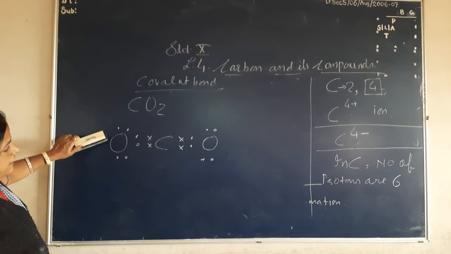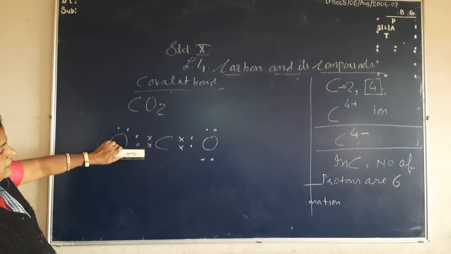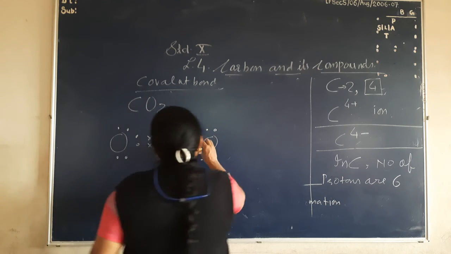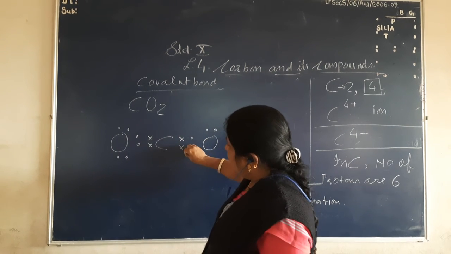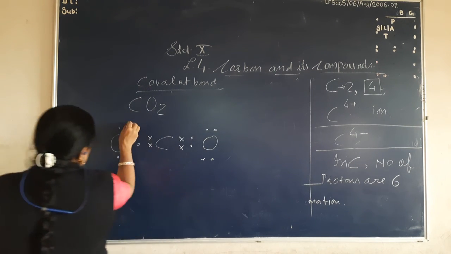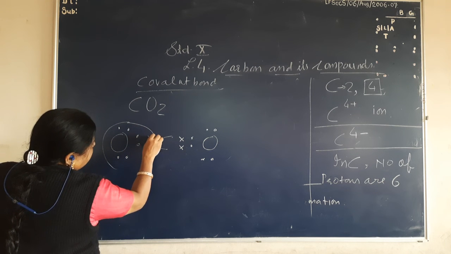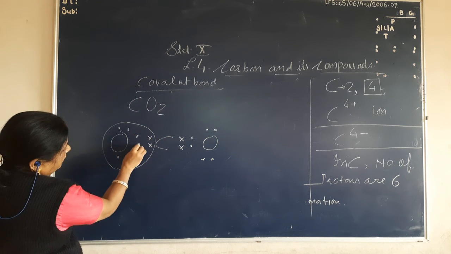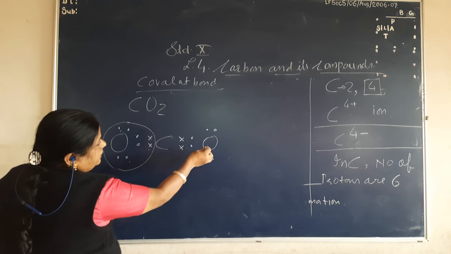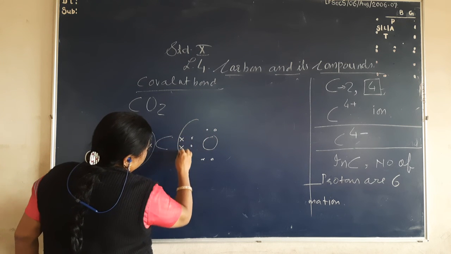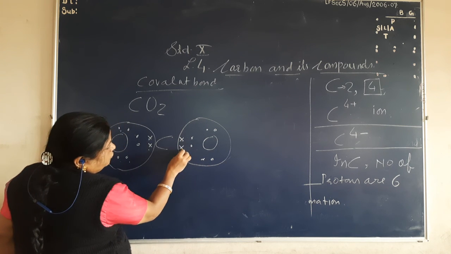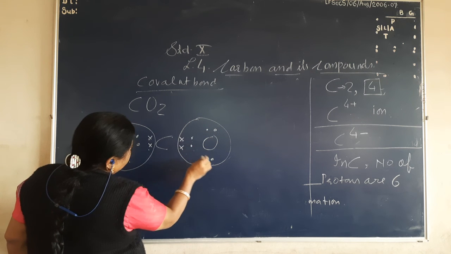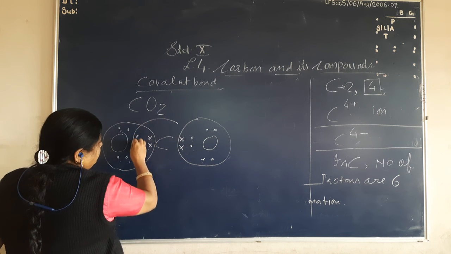Now this oxygen has shared its 2 electrons with this carbon. This oxygen has also shared its 2 electrons with this carbon. So this oxygen has 8 electrons in the outermost orbit: 1, 2, 3, 4, 5, 6, 7, 8. This oxygen too: 1, 2, 3, 4, 5, 6, 7, 8. What about carbon?